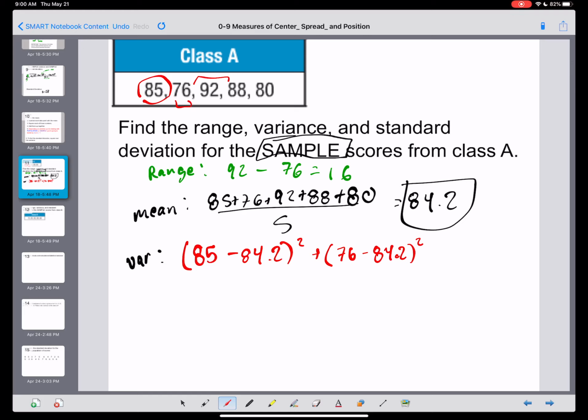Then the next number, 92, and remember, you're just taking all your data points and subtracting them from the mean. Square it. Plus 88 minus 84.2, square it. Plus 80 minus 84.2, square it. Okay, so we're going to start off like that.